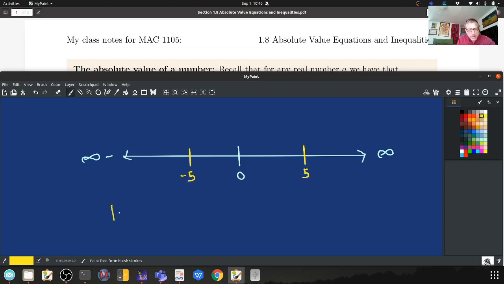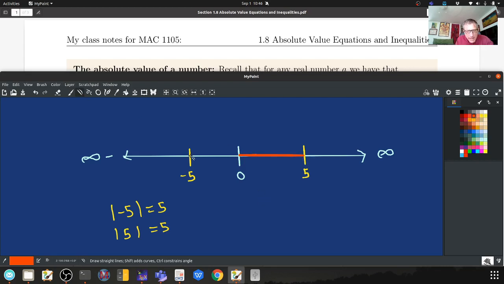So the absolute value of minus 5 is just equal to 5. And the absolute value of 5, of course, 5 is positive, is equal to 5. On the number line, 5 is literally the distance between 0 and 5.